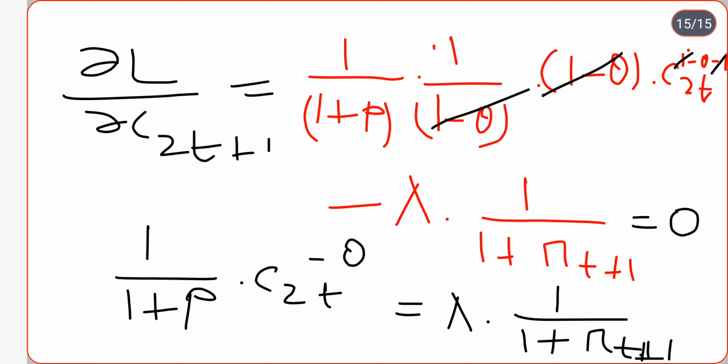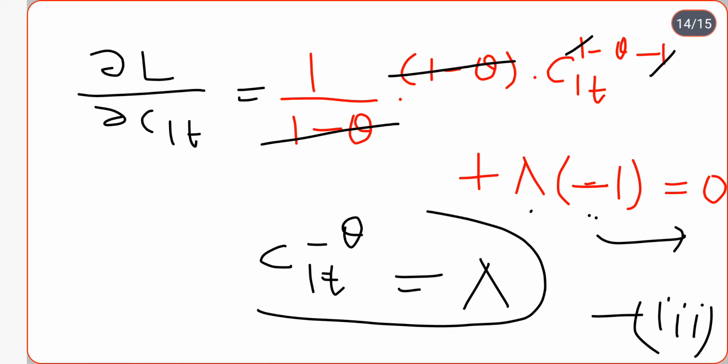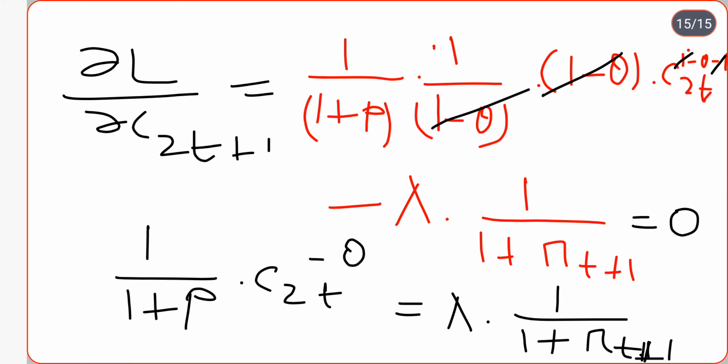Now in the third equation, as you can see, I have set up that c1t to the power minus theta is equal to lambda. So basically I can write c1t to the power minus theta in place of lambda. Both are equal.